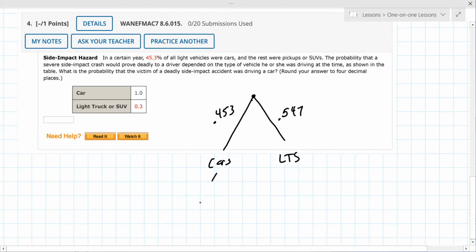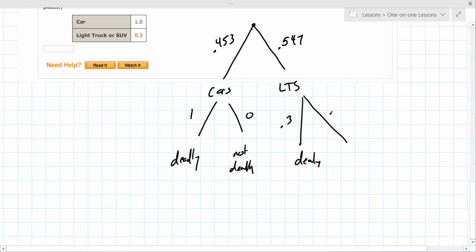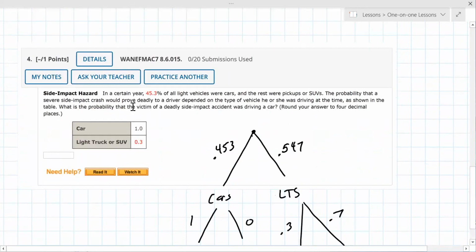Okay, now if you're in a car, the probability deadly. So deadly in a car, it's 1. So the probability that it's not deadly is 0, and then in LTS, deadly is 0.3, and then 0.7 is that it's not deadly. So you make the diagram and then you see what it's asking for.